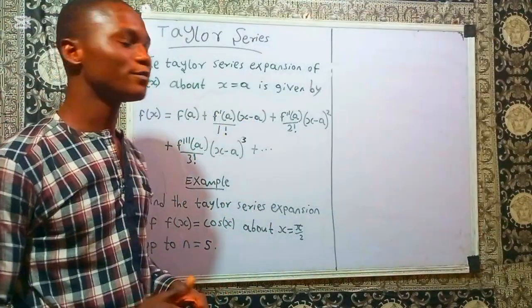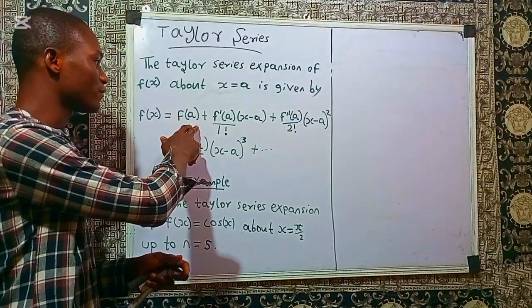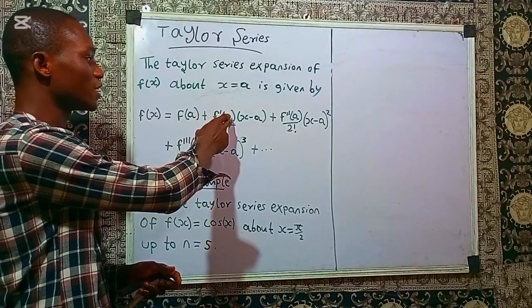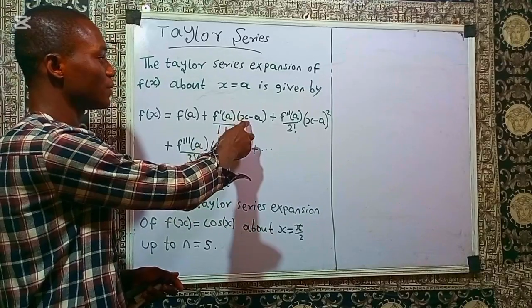equals a is given by f of x equals f of a plus f prime of a over 1 factorial multiplying x minus a.